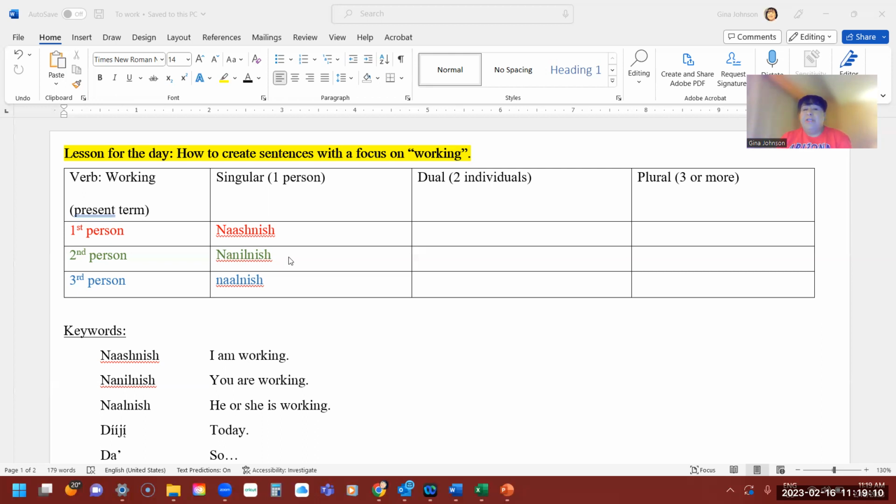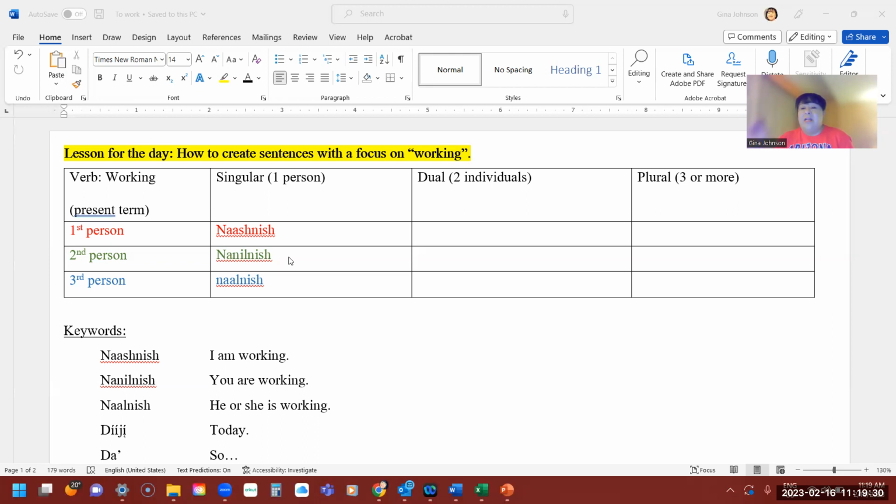And then third person is someone that, they don't have to be in physical close proximity. They don't have to be near you. They could be somewhere else. You're talking about your family or your sister that lives somewhere else. You're saying he or she is working.